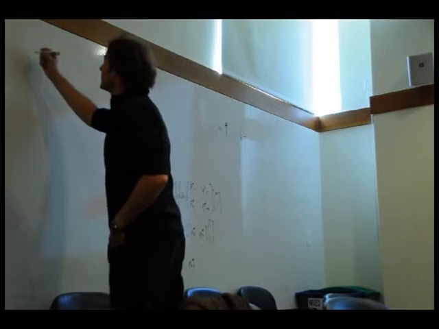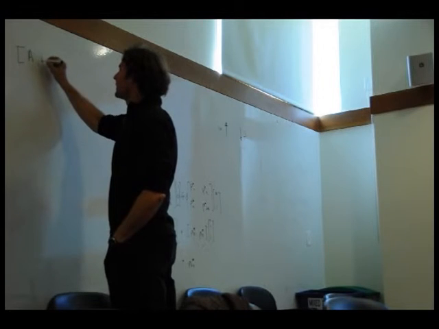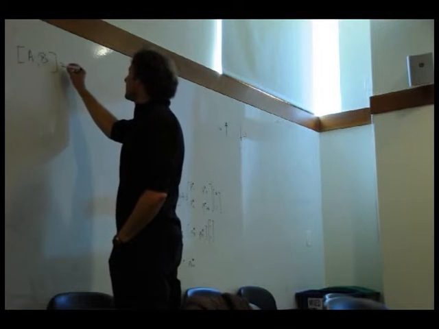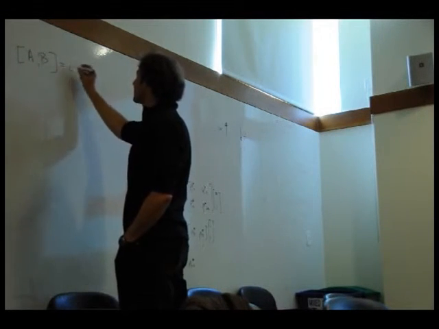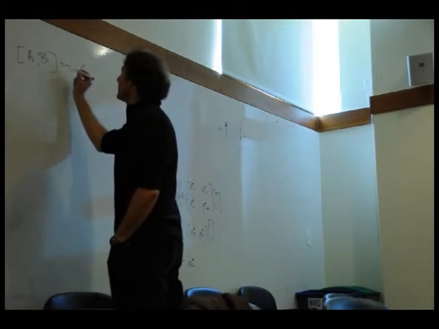So cyclic commutation is when the commutator of A, how do I do this?